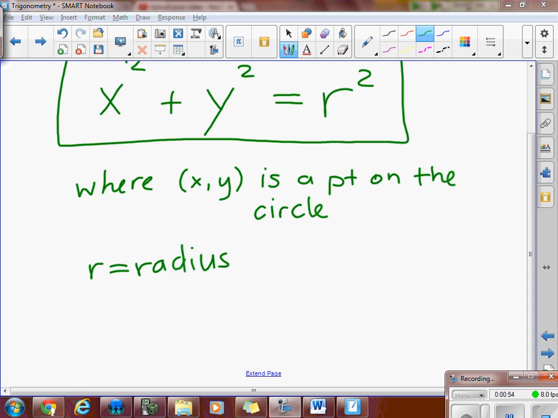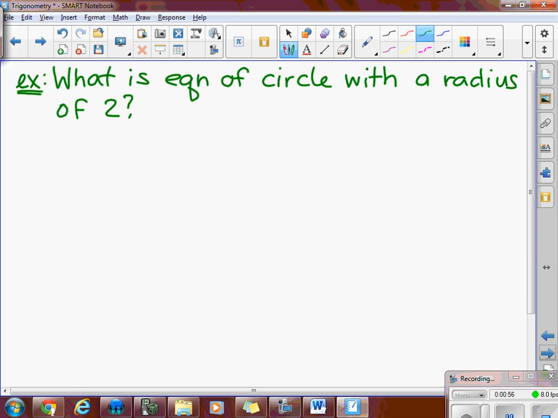So let's take a look at some of the examples. What is the equation of a circle that has a radius of 2? Now these, you'll be happy to know, are not difficult questions at all. We start with that general form of the equation, x squared plus y squared equals r squared, and the only information we know is that the radius of the circle right here is 2.